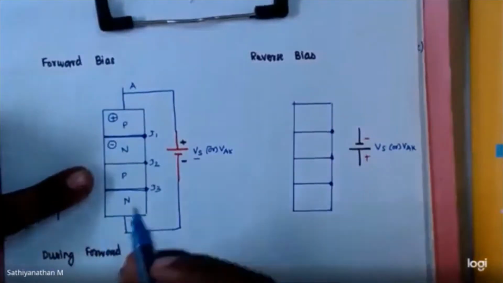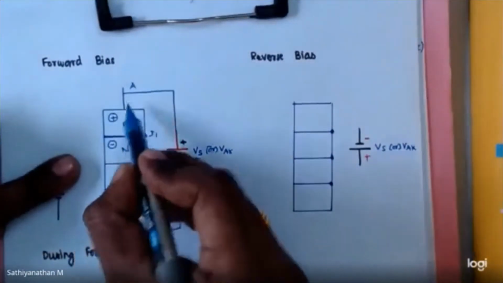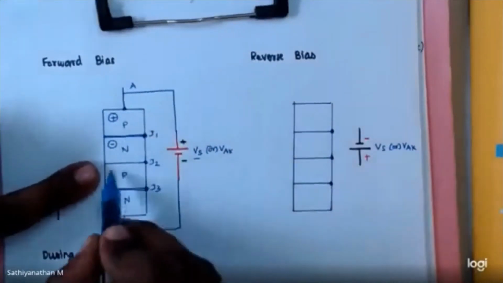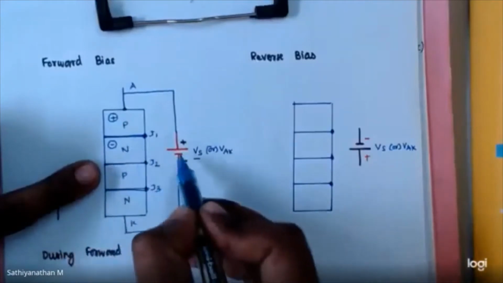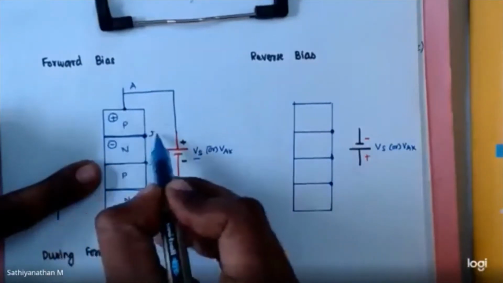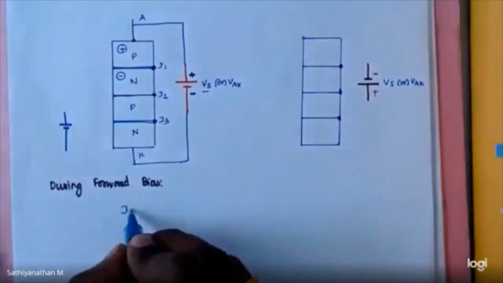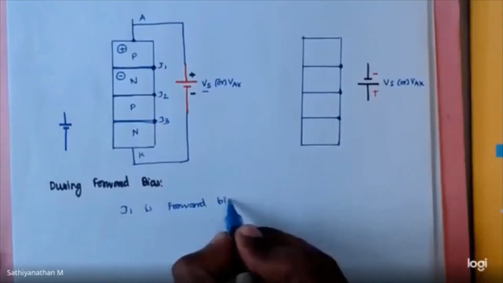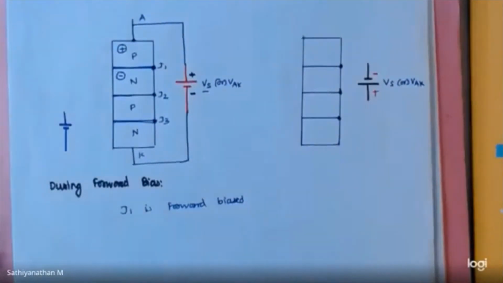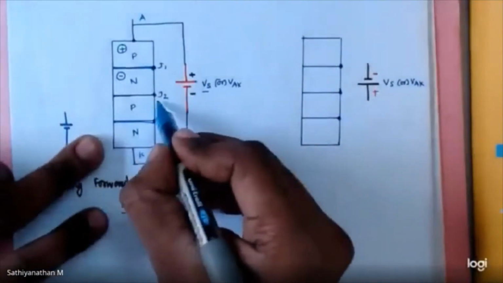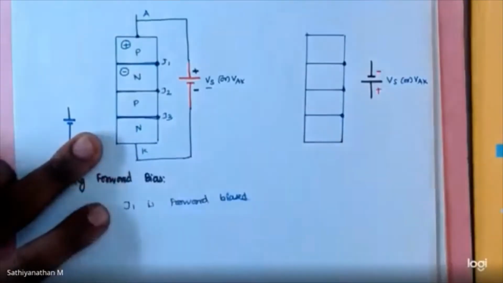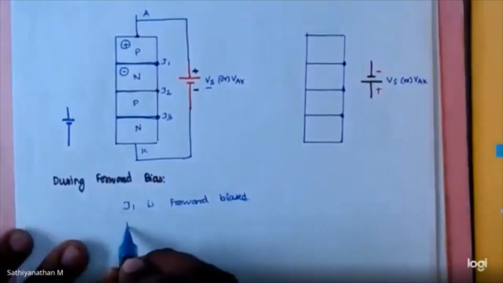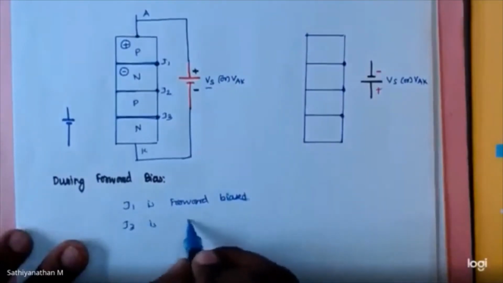If you look at this structure, the P is connected to positive, so this is forward bias with reference to the source. So this junction J1 is forward biased, and similarly this layer, and junction J3 is also in forward bias condition.